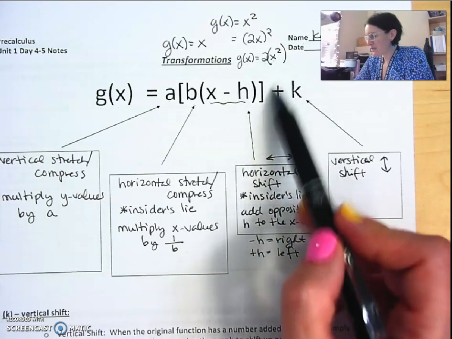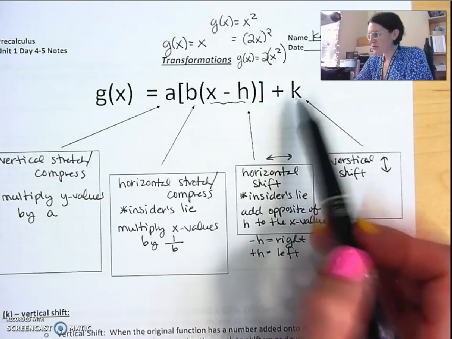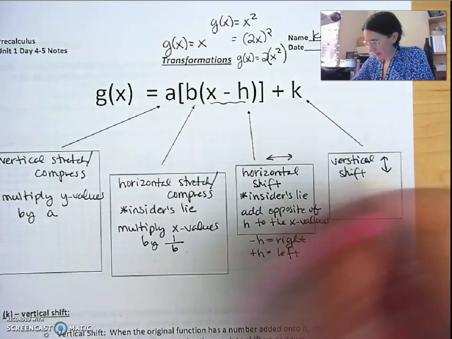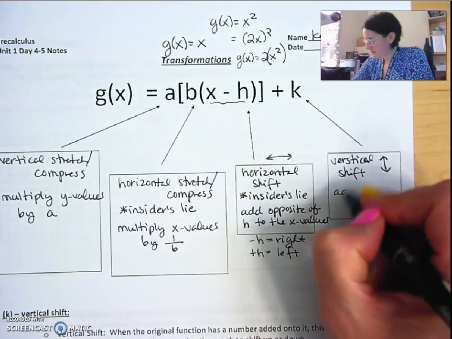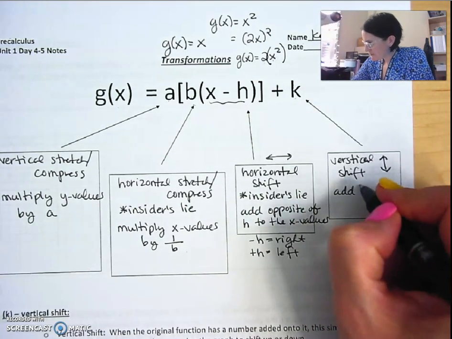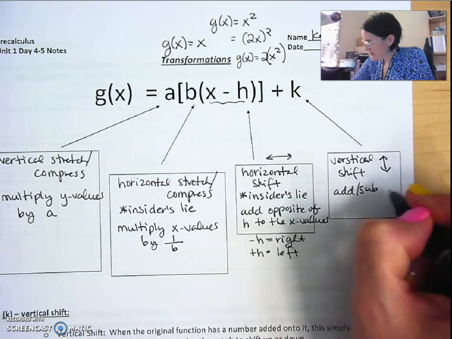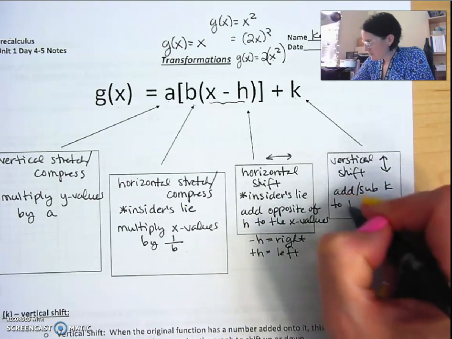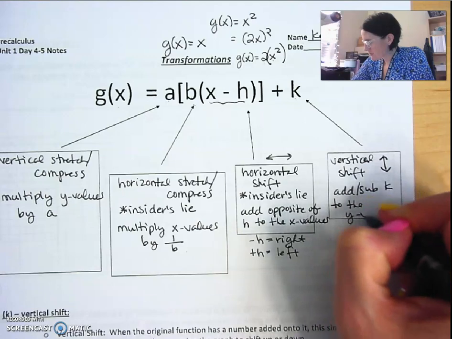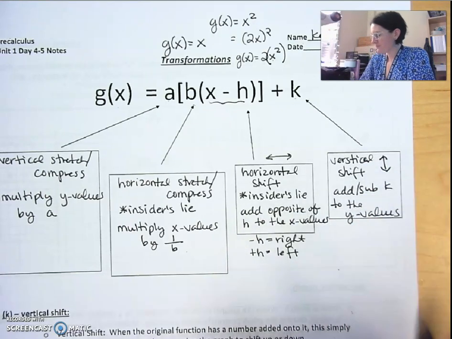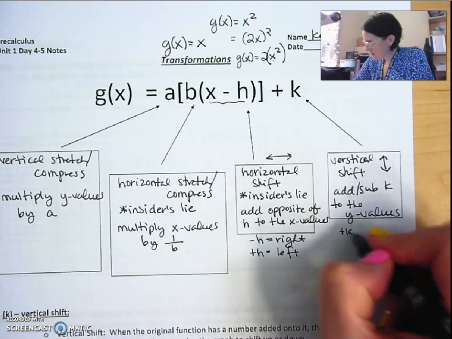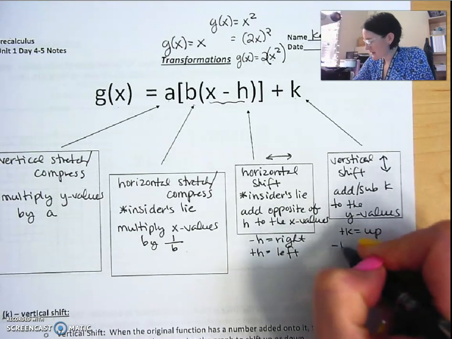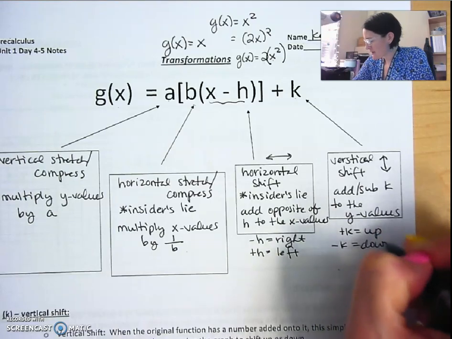According to order of operations, this is the very last thing that's going to happen. So you're going to take those y values, your outputs, and add or subtract whatever that k is. Add or subtract k to the original y values. So if you see a plus k, your graph is going up. If you see a minus k, your graph is shifting down.